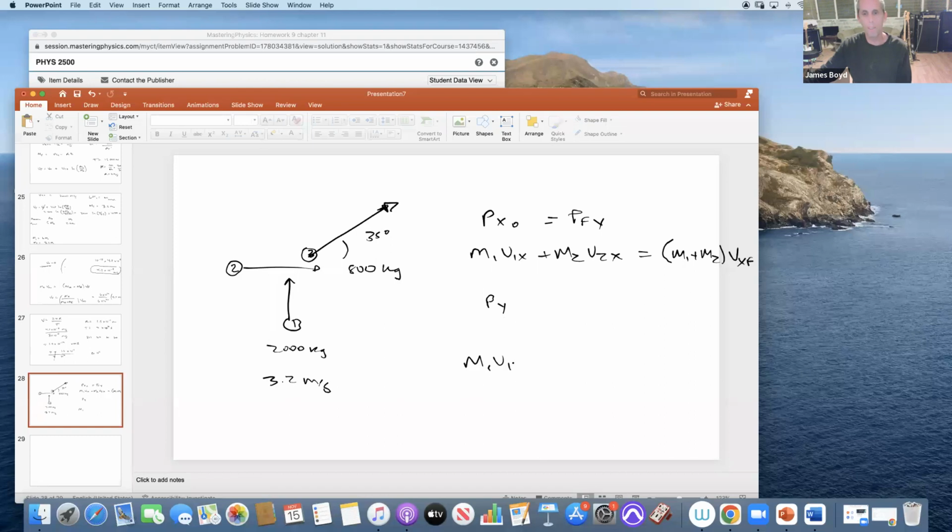And M1 V1 Y plus M2 V2 Y is M1 plus M2 V Y final. Now, the Volkswagen was going in the X, and the Cadillac was going in the Y.